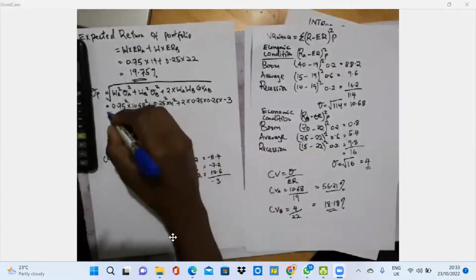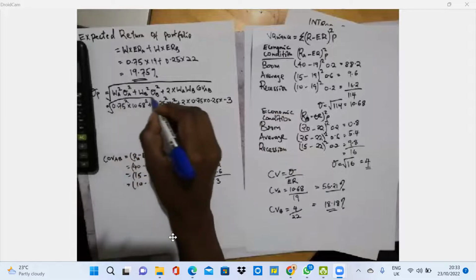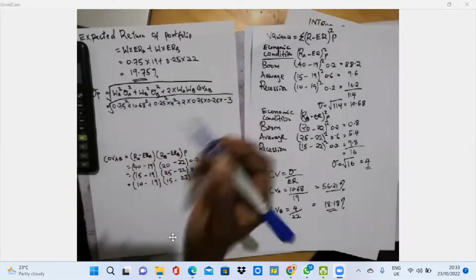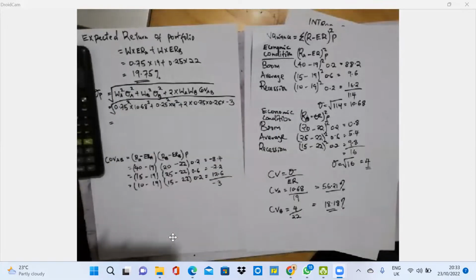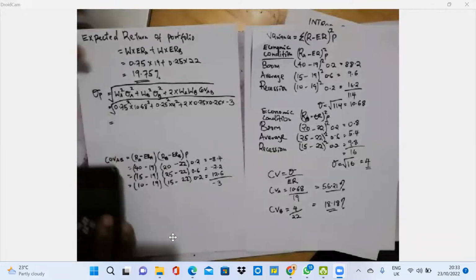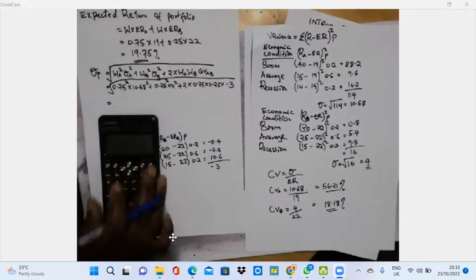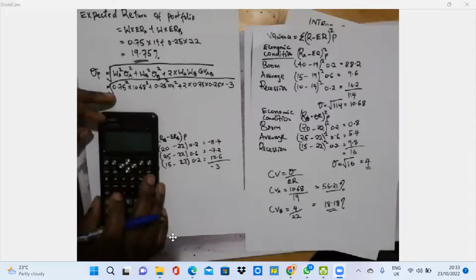That's what you input there, and then our big squared. So this one, if you're not sure about your BODMAS, you just put all of them in the calculator at once.